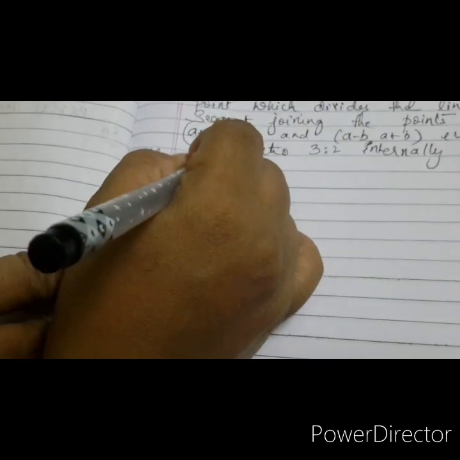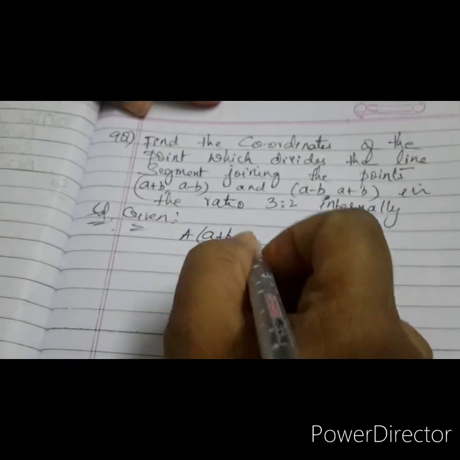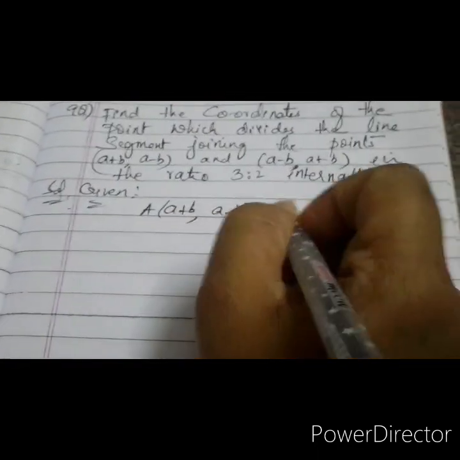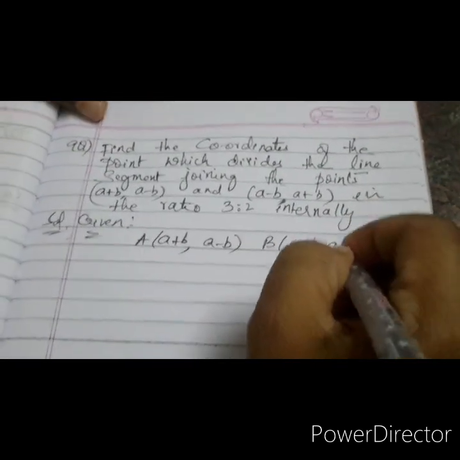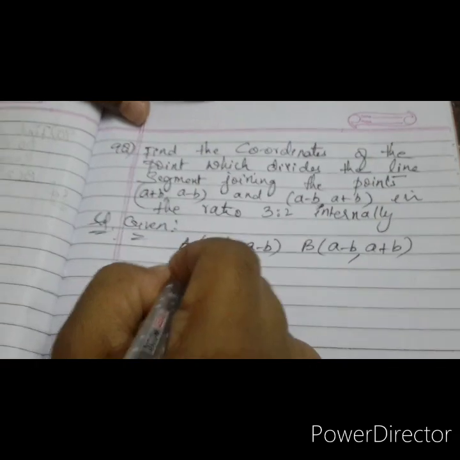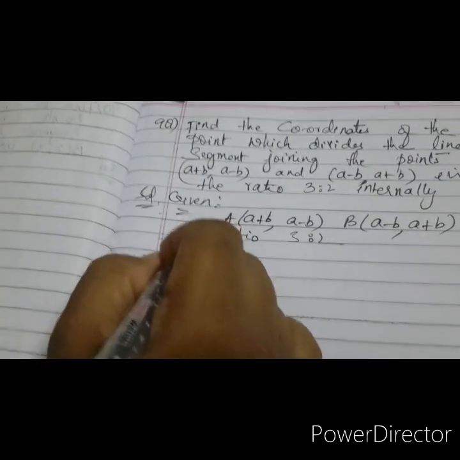Given A (a + b, a - b), B (a - b, a + b), and the ratio is 3:2.